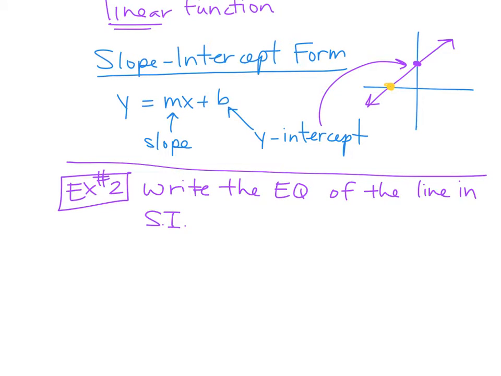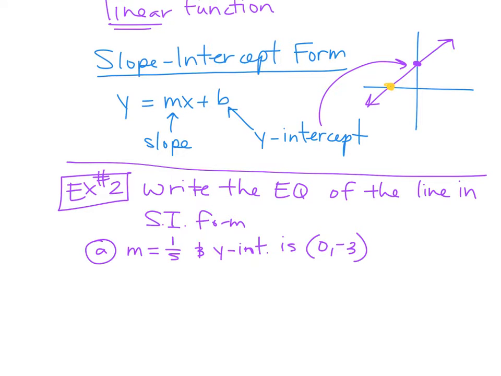SI is going to be slope-intercept form. And I'm going to give you a couple different ways to see it. So the equation of a line in slope-intercept form, if we have, let's say m is 1/5, and our y-intercept is the point (0, -3).